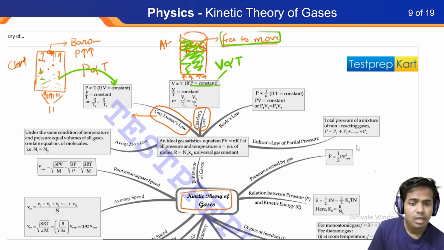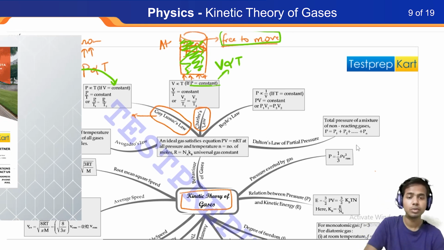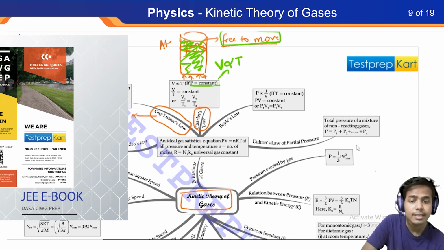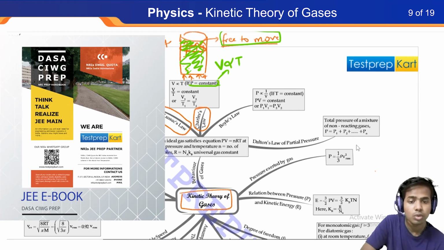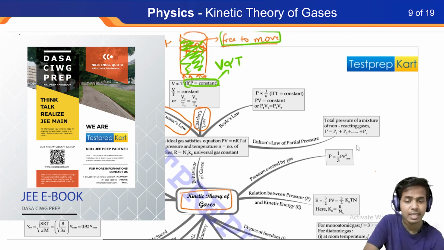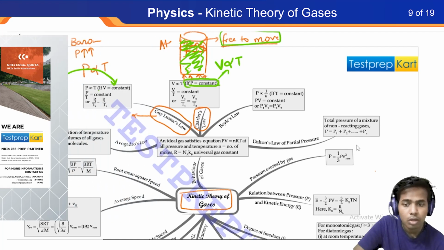In that case, volume is directly proportional to temperature.